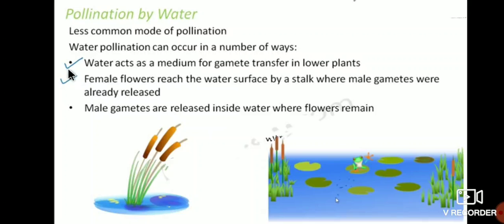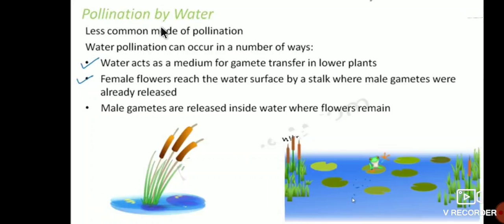When the female flower reaches the water surface by a stalk, then pollination occurs. So here male gametes are released inside water where flowers remain. Only male gametes are released inside water, whereas the flower remains as it is. This is the pollination that happens by water.